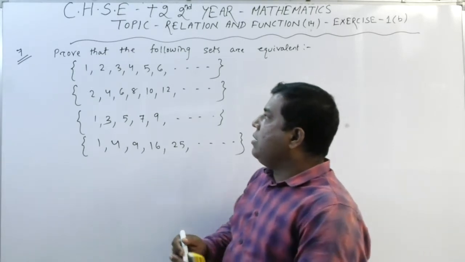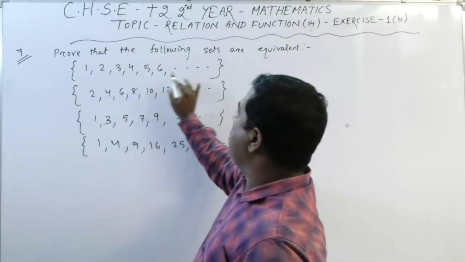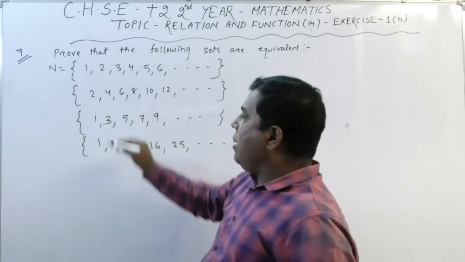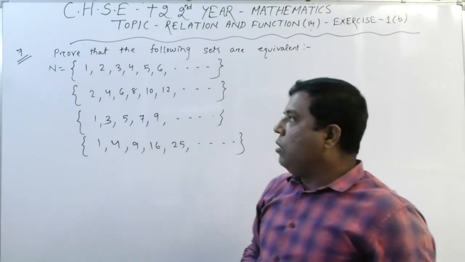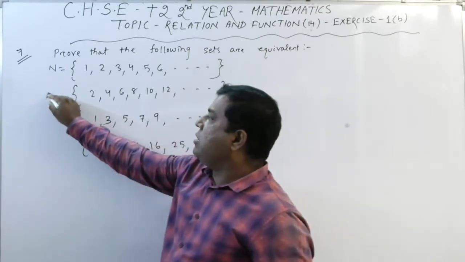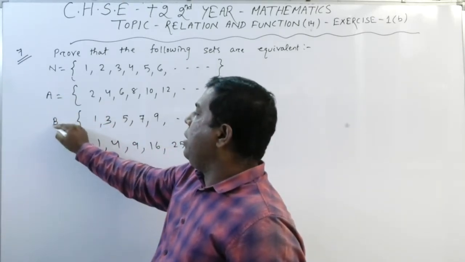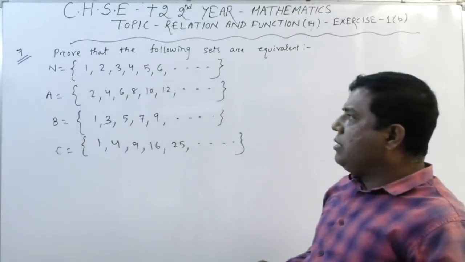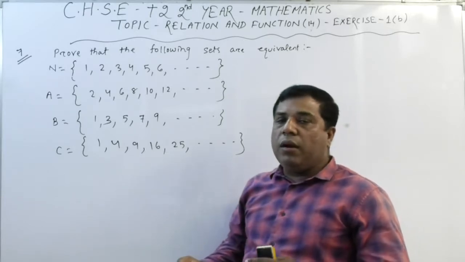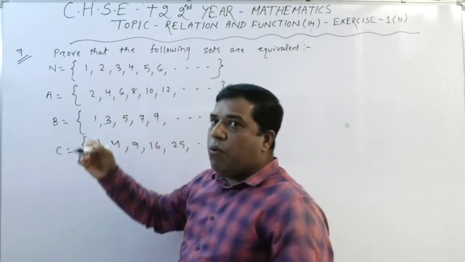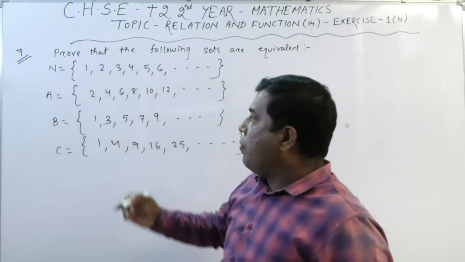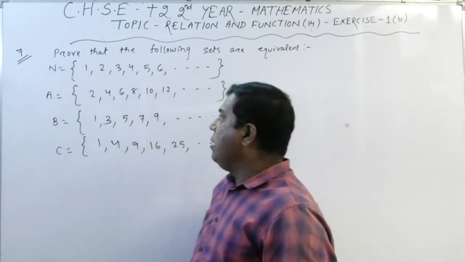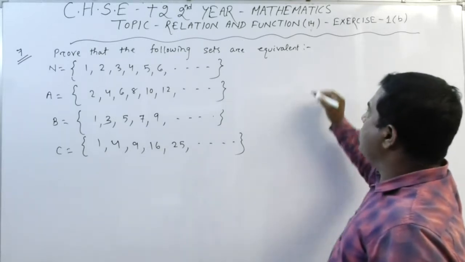You see, this is our set of natural numbers, and let these be the other sets: set A, set B, set C. Now there exists a 1-1 correspondence, meaning a 1-1 function exists from the set N to the set A.